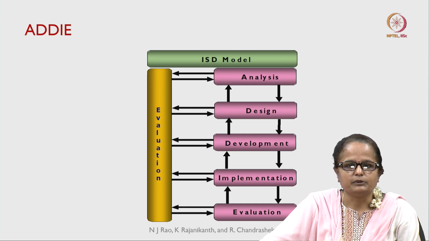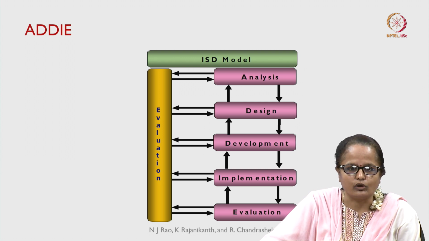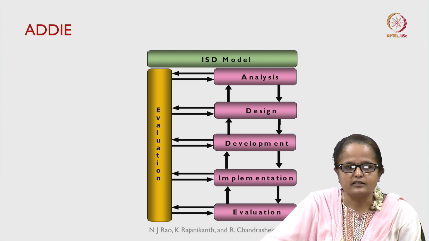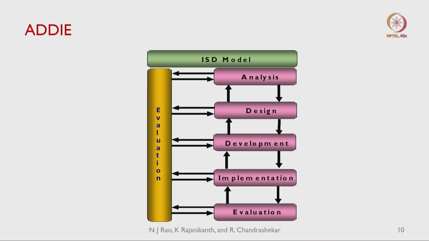This is a typical picture view of the ADDIE model, wherein at each stage we have to evaluate ourselves whether we are doing it properly, we are following the proper method and procedure according to the needs of the instruction.